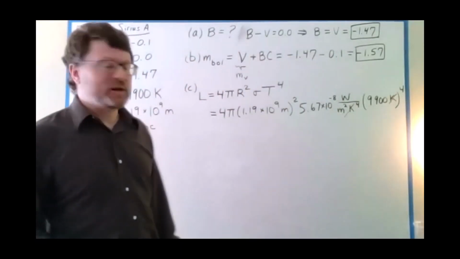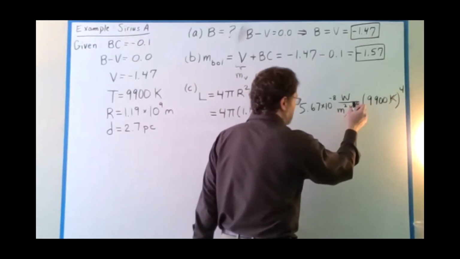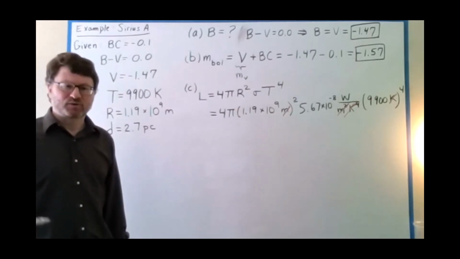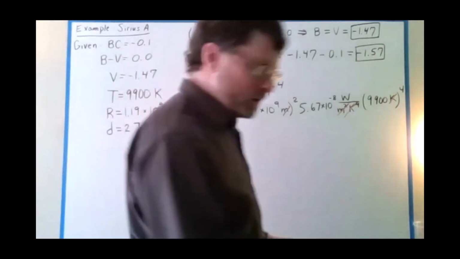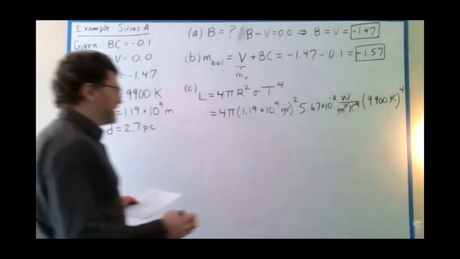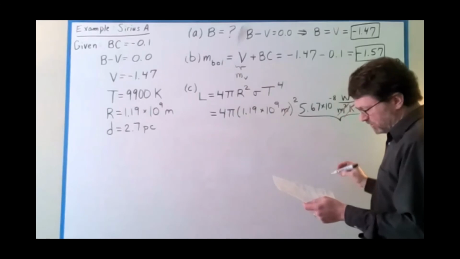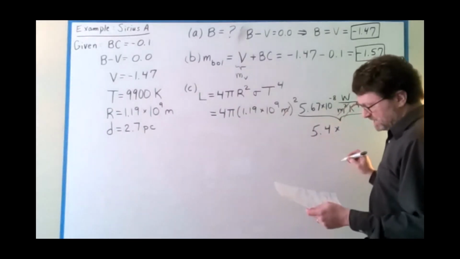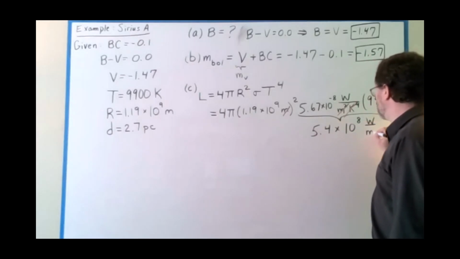In addition, we have a meter squared there once that gets squared out, which would cancel with the meter squared there. We're just left with watts, which is joules per second. That's the correct SI unit for luminosity, energy per time. Now, all of this, if you ask your calculator to evaluate it, works out to be 5.4 times 10 to the 8th watts per meter squared.